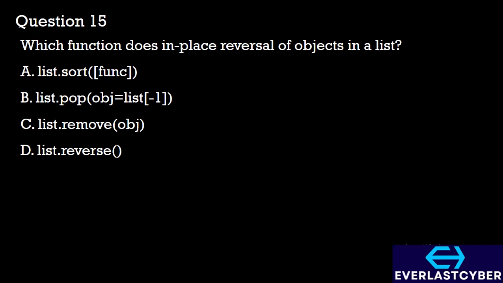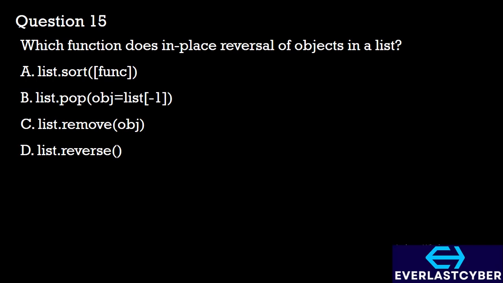The function we have in option A sorts the list in place, but it doesn't reverse it. It arranges the elements in ascending order, but it does not reverse the list. The function we have in option B removes and returns the last object of the list, but it does not reverse the list. The function in option C removes the first occurrence of the specified object from the list, but it does not reverse the list.